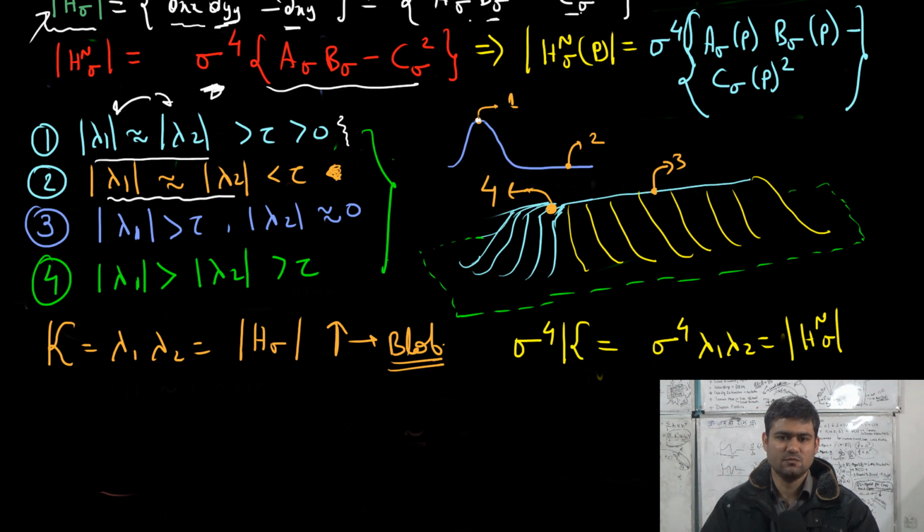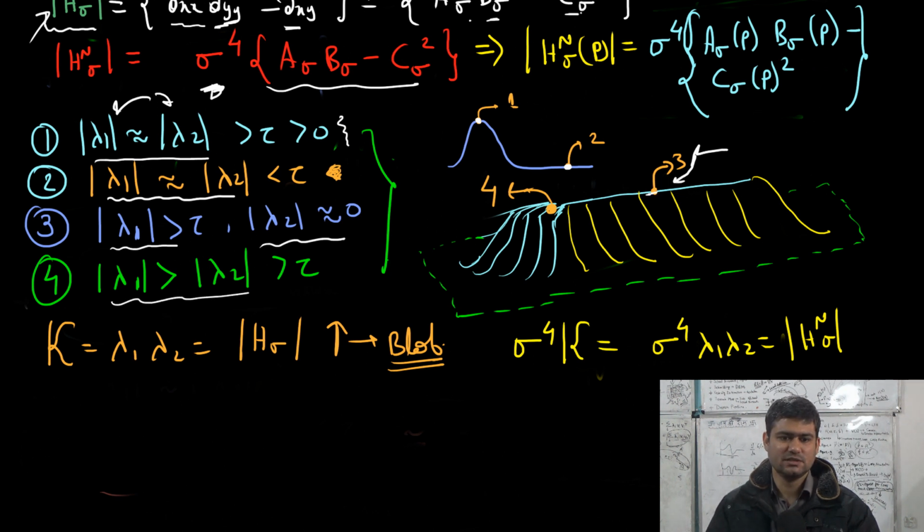So this is our case number 1, this is our case number 2, and when one eigenvalue is larger than 0 and also the threshold, and the second eigenvalue is close to 0, then this indicates a cylindrical region or an edge in the image function. So which is this point over here.